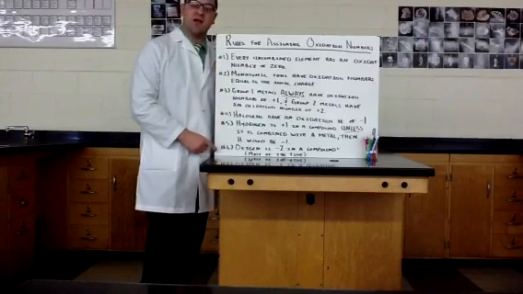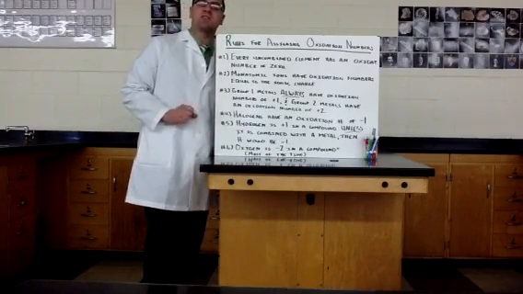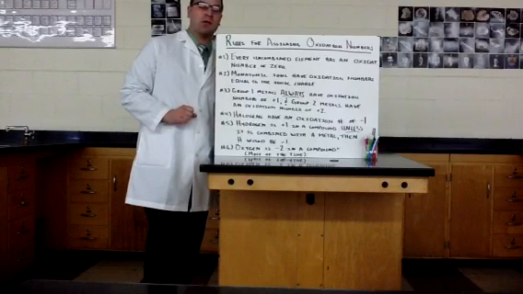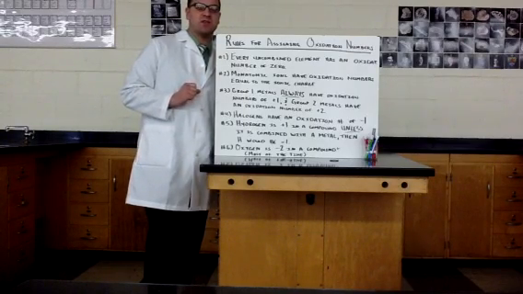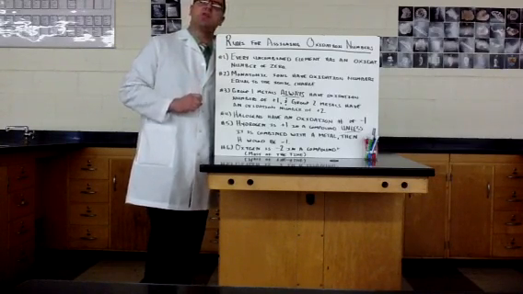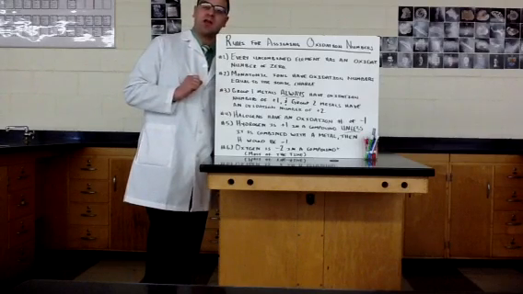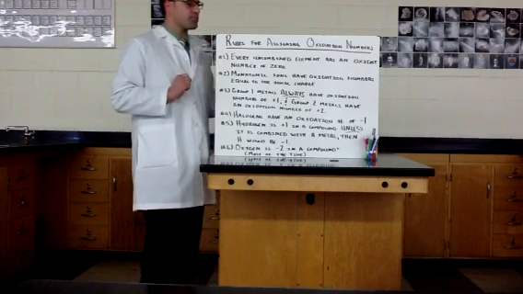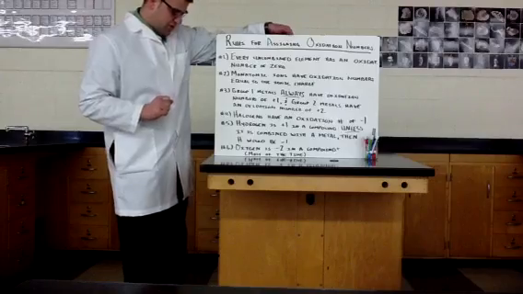Rule number 6, oxygen. A really easy rule. Oxygen is going to be -2 in a compound. There are a few exceptions, such as if oxygen is bonded by itself, you're going to have a 0 for the oxidation state.